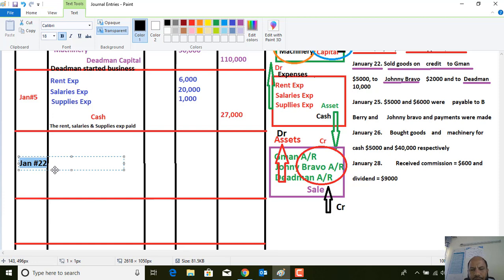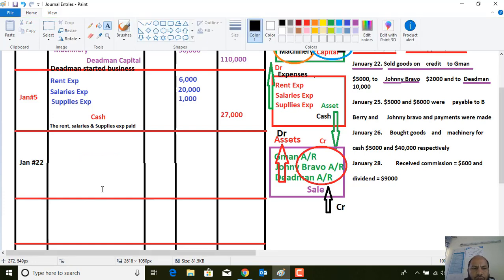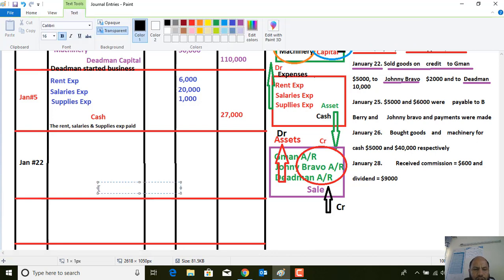Okay, good. So what happened on January 22? The business sold the goods. Any business sale has increased the business sale. So the business sold the goods.